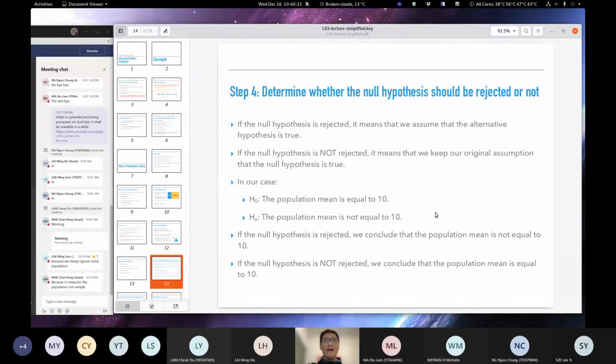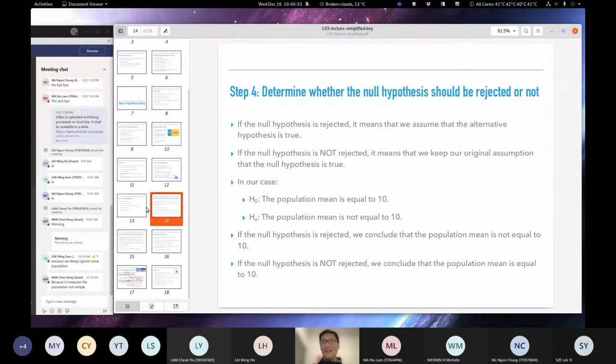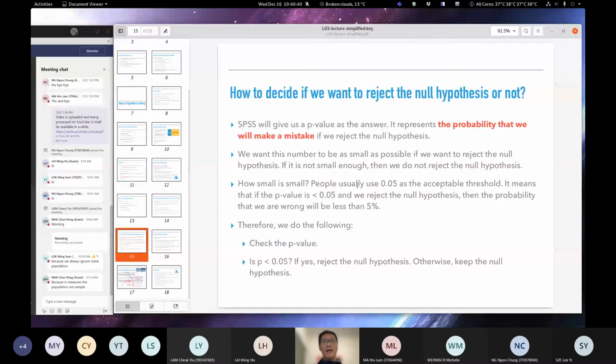Step number 4. After I run the SPSS procedure, how do I know the answer to the hypothesis test? It turns out that the answer is not that straightforward. When you look at the SPSS result, you will find a number.